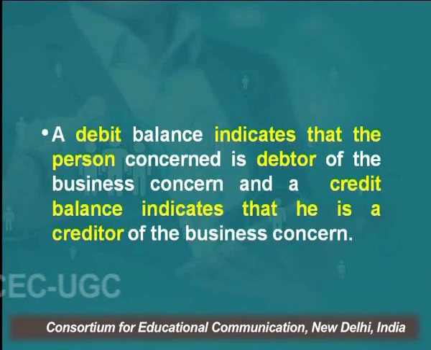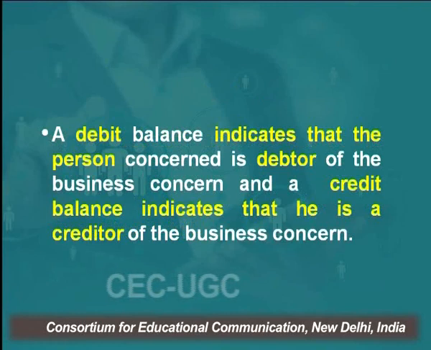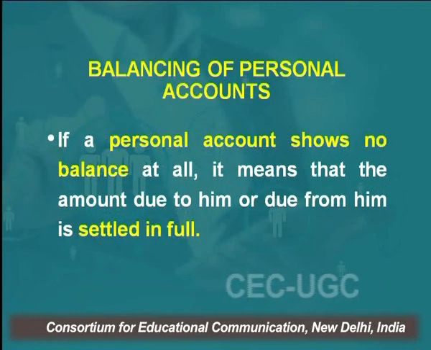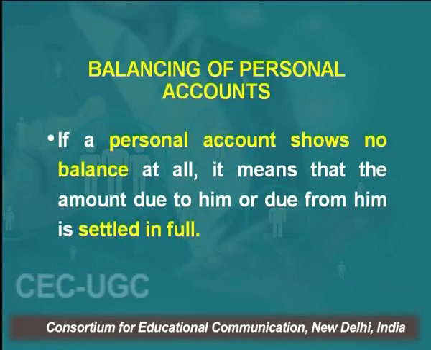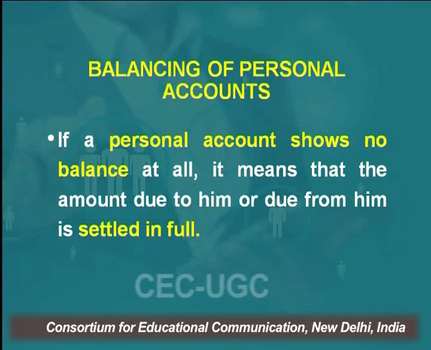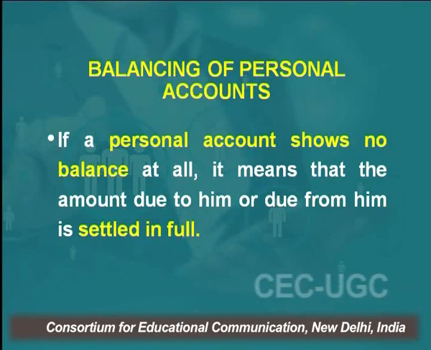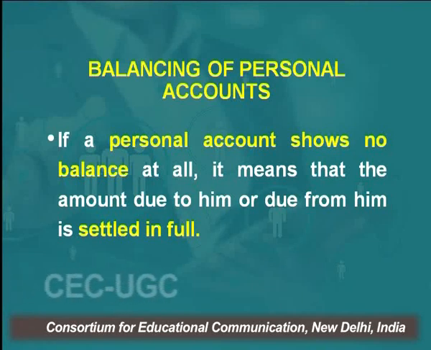The next case is, if a personal account shows no balance at all, it means that the amount due to him or due from him is settled in full. That means there is no difference in the personal account. Let's understand this with an example.